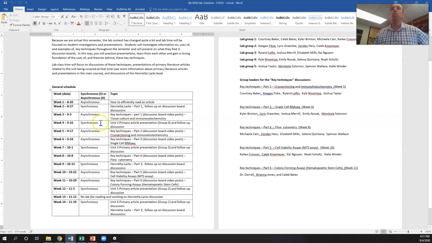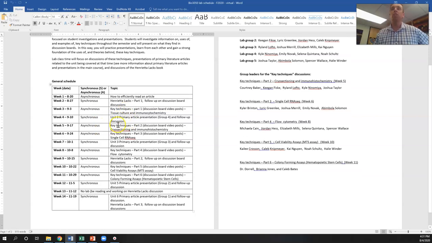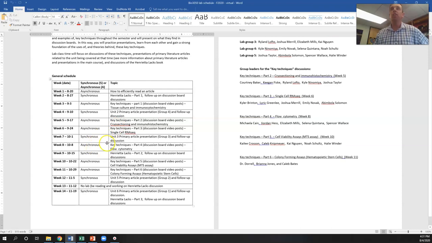The primary article presentations will be synchronous at lab time, and the discussion of Henrietta Lacks will be synchronous. When we are doing synchronous in lab, that is probably about an hour, and it is 8:30 to 9:30. So you don't have to come in at 7:30, just 8:30 to 9:30. The rest of this is asynchronous, usually via discussion boards, and we can talk more about that.